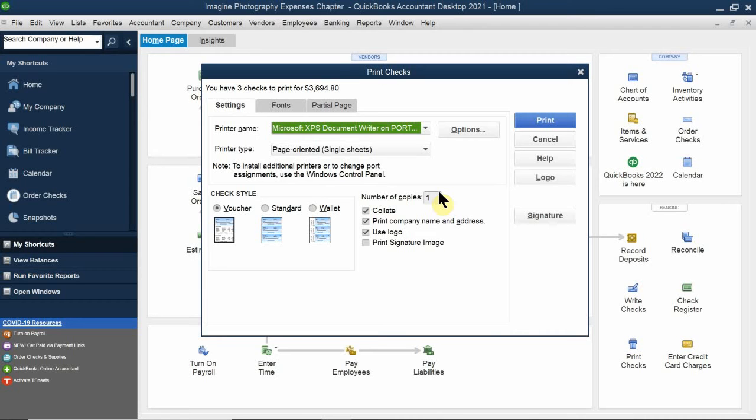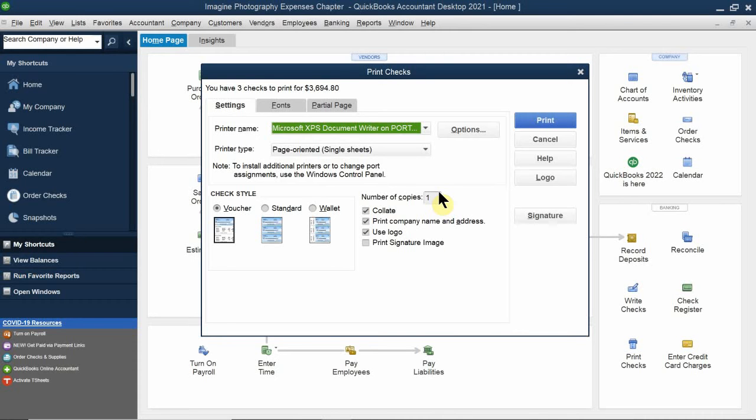Your second one is going to be called standard, where you have 3 checks on a regular piece of paper and it's lined up. So the top is the first check, the second is the second one in the middle, and then you have the third one at the bottom.